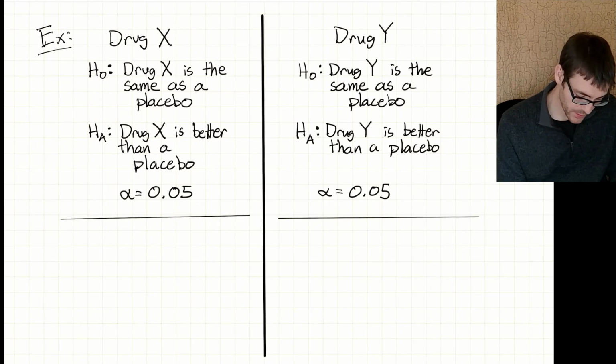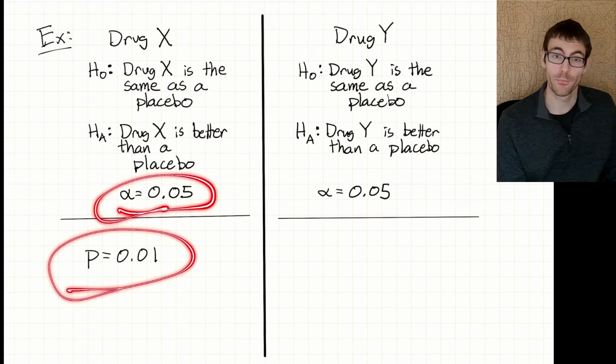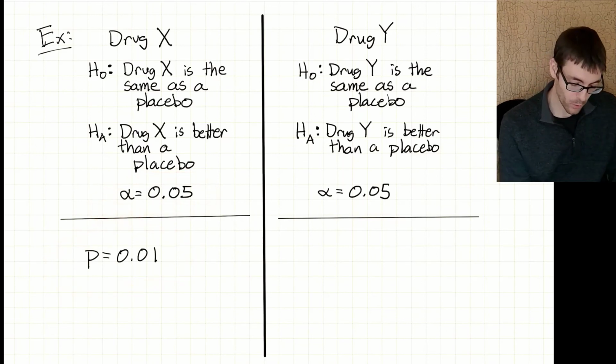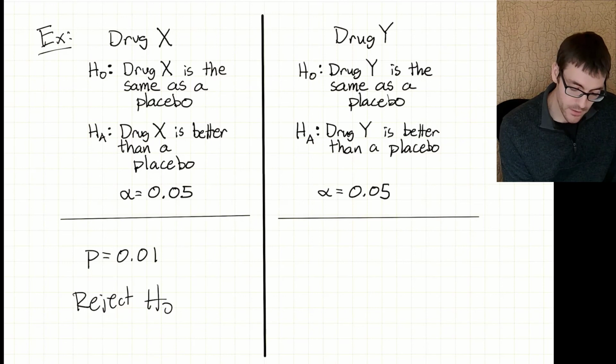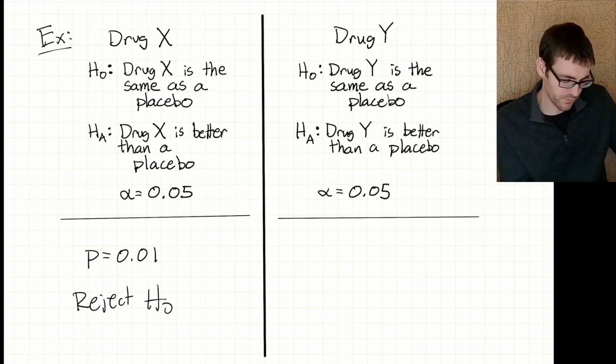So let's say in this first example, we ran this experiment and we saw a p-value of 0.01. So this is less than our predetermined cutoff value. It's less than alpha. Therefore, we are going to reject our null hypothesis. This is evidence that drug X does a better job of reducing blood pressure than a placebo.